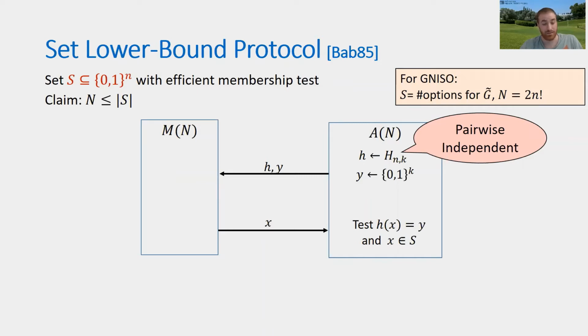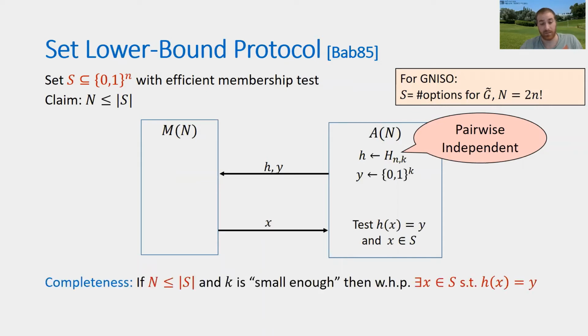The intuition behind what's going on here is that in the case of completeness, if the set is very large and the hash function is compressing enough, then with high probability, every one of the bins, including y, will have some pre-image, some instance in the set.